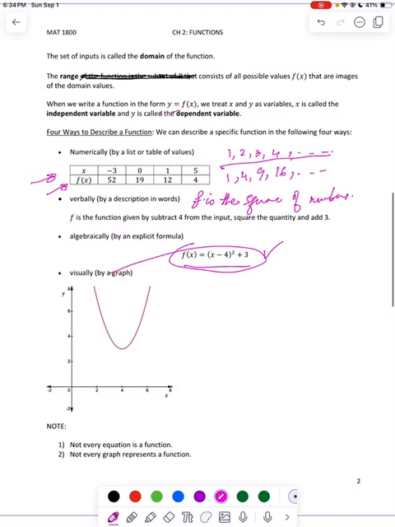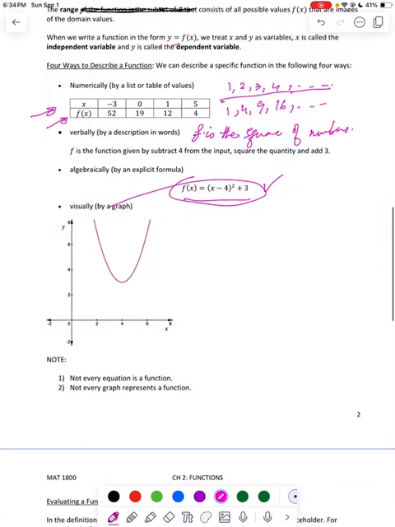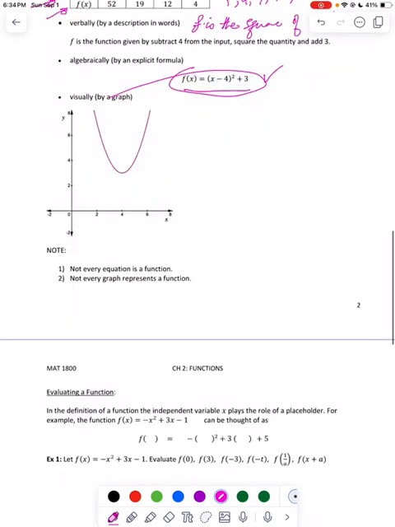Okay, now note here that not every equation is a function, and not every graph represents a function. So when you have a graph, there is a special way to look at it, whether it is a function or not, which we will see in a few minutes, hopefully.